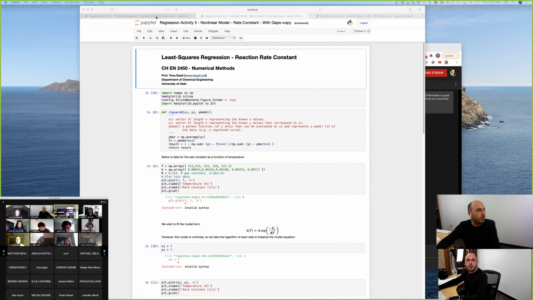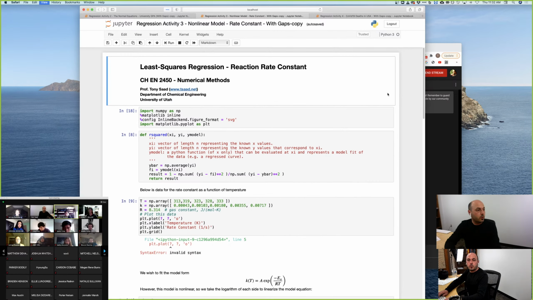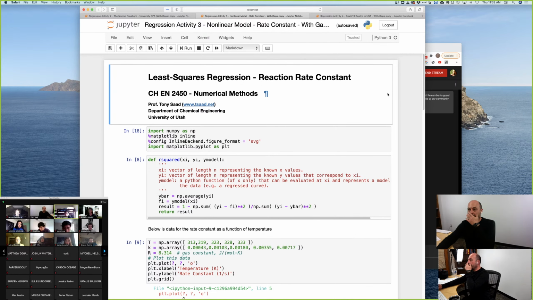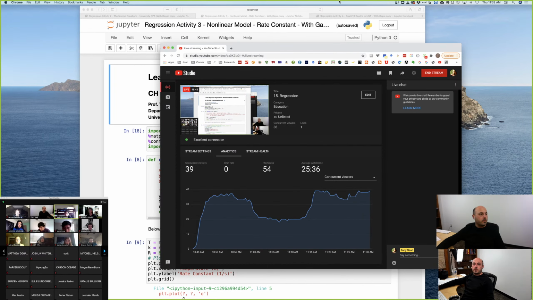All right, I am back on Zoom, and go ahead and download the notebook. Okay, give you a second. You can find it either in files in Canvas or in the modules. Okay.